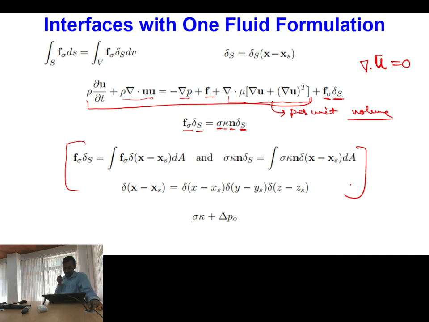Now along with this, here one assumption we are considering, that our system is pure. We don't have any gradient of surface tension across the interface. At the moment we are considering this. Okay.